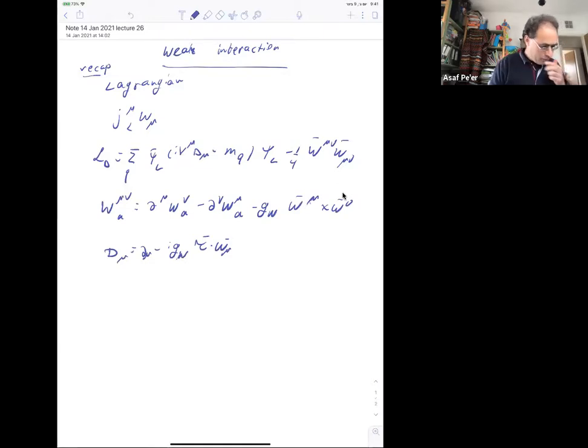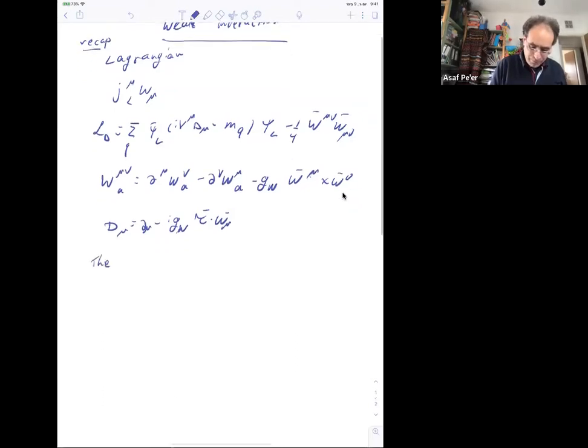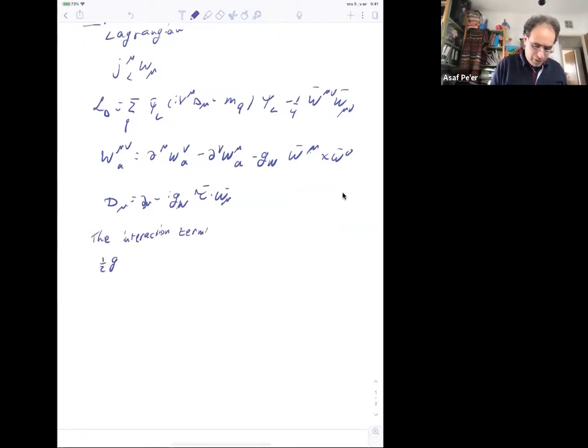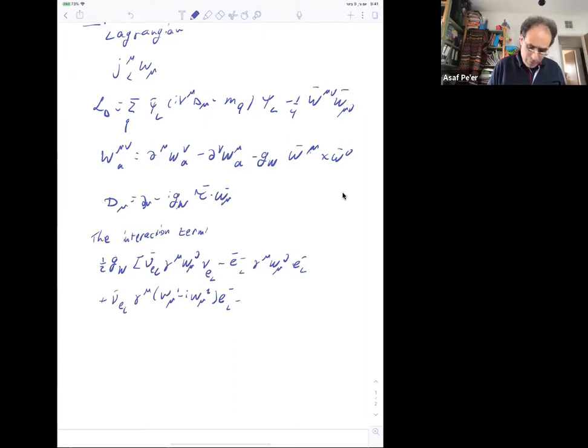And when we want to associate that with the real particles that we see in nature, the W plus-minus and the W3 bosons, we figure out that the interaction term is: half g_weak, neutrino e_L γ^μ W_μ^3 neutrino e_L minus e_L γ^μ W_μ^3 e_L, plus neutrino e_L γ^μ (W_μ^1 minus i W_μ^2) e_L plus e_L γ^μ (W_μ^1 plus i W_μ^2) neutrino e_L.